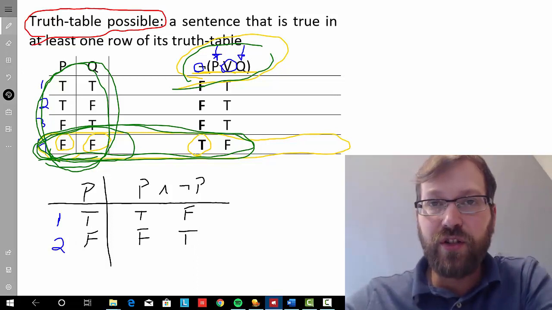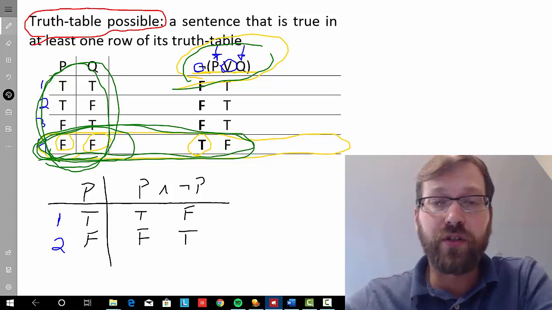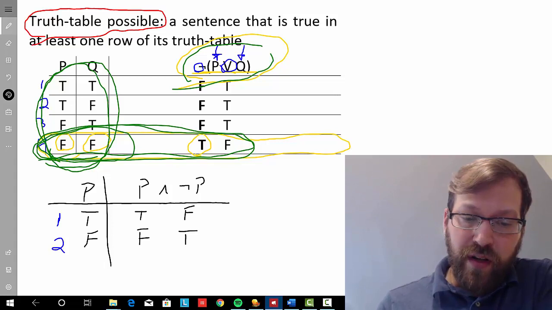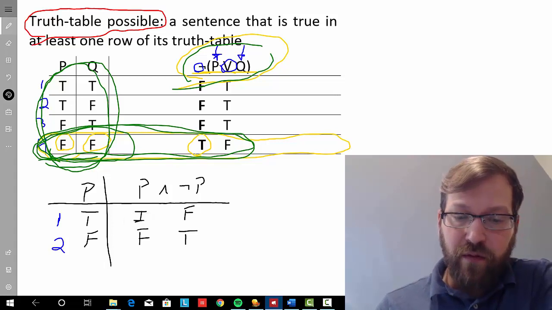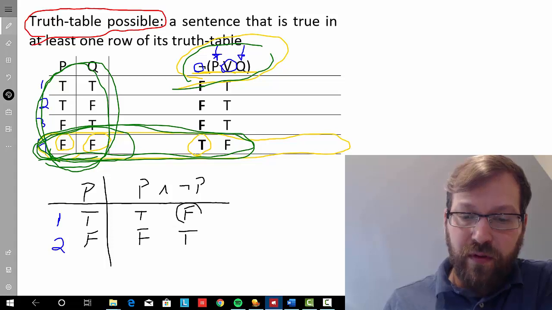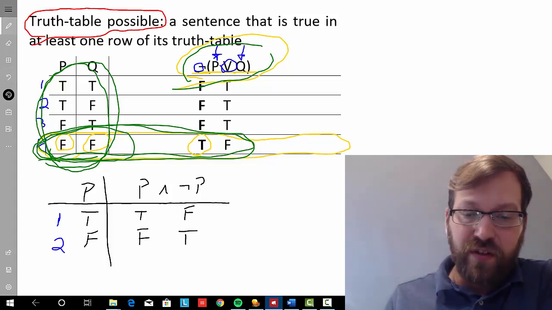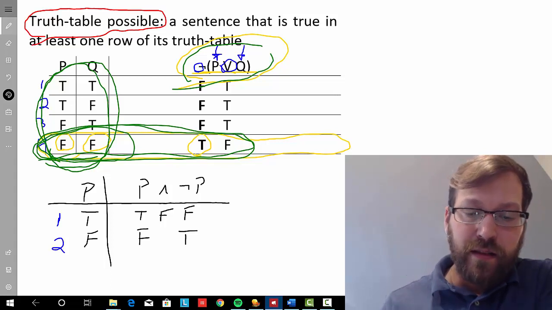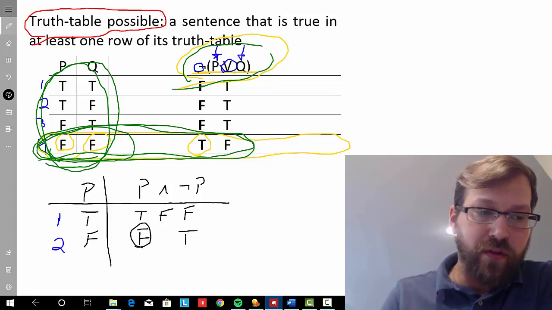And the semantics of a conjunction is that a conjunction is true if and only if all of its conjuncts are true. It's false otherwise. So in this case, we have one of our conjuncts true, but one of them's false. And since one of the conjuncts is false, we know that it's false there. And again, one of our conjuncts is false.